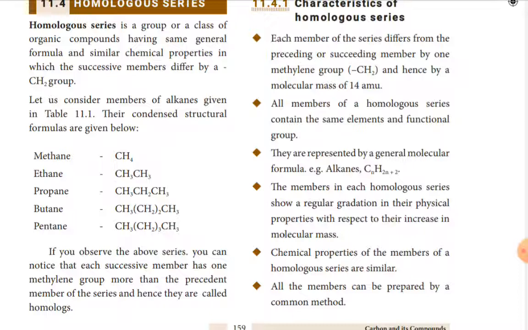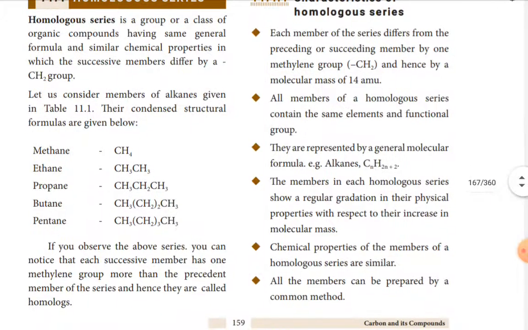You have to learn: homologous series is a group of organic compounds having the same general formula and similar chemical properties, differing by a CH2 group. Then you have to write the characteristics. First point, each member of the series, preceding or succeeding, differs by one CH2 group.